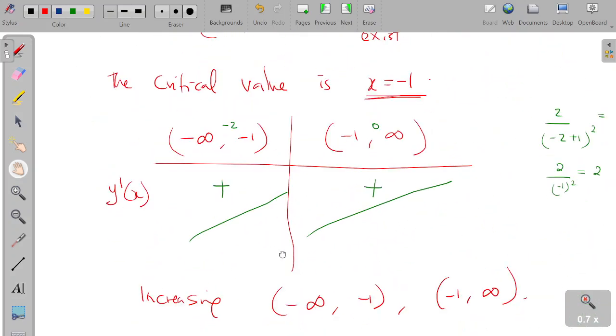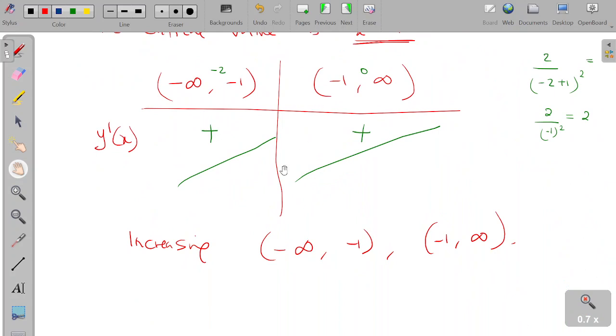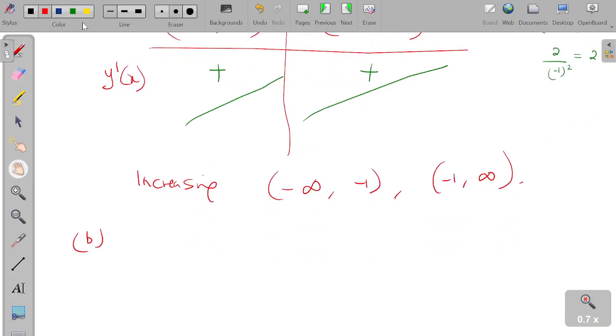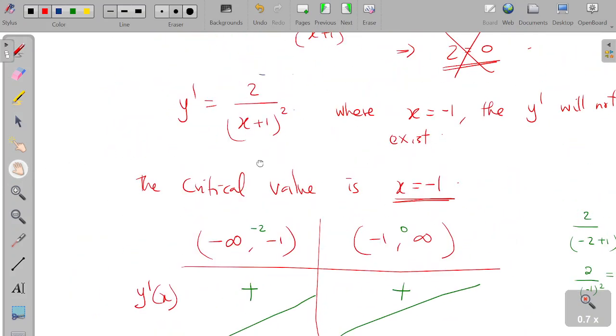Since there is no change between increasing and decreasing, that shows that we do not have a relative maximum or minimum. They are both increasing. So no relative maximum or minimum. That is that one.